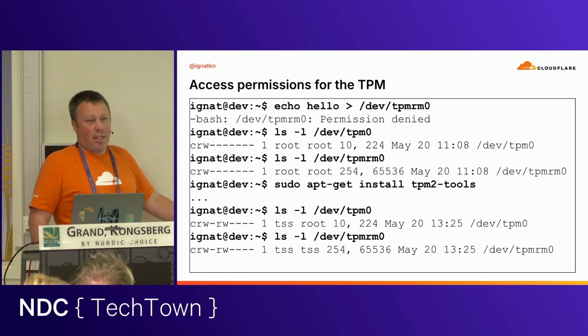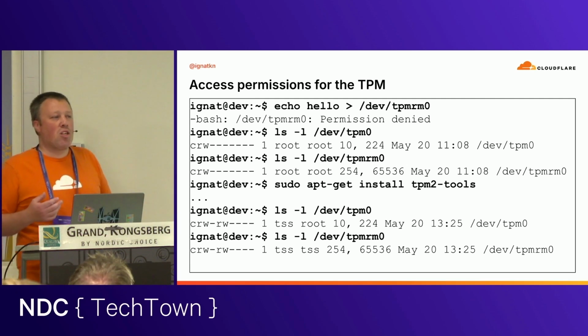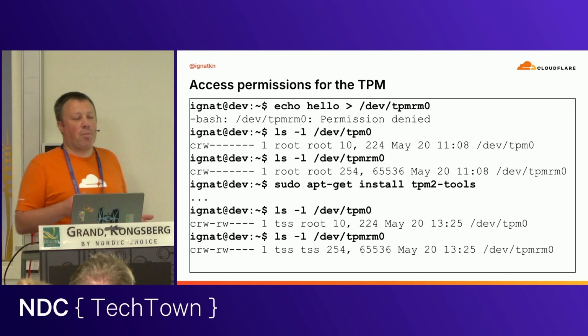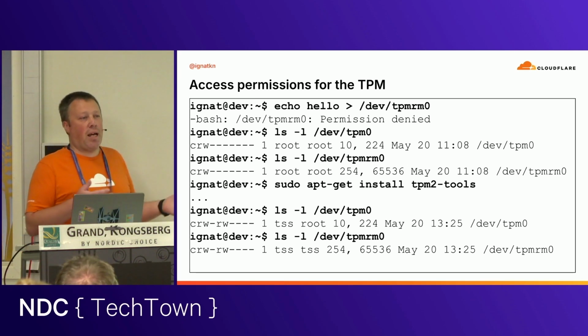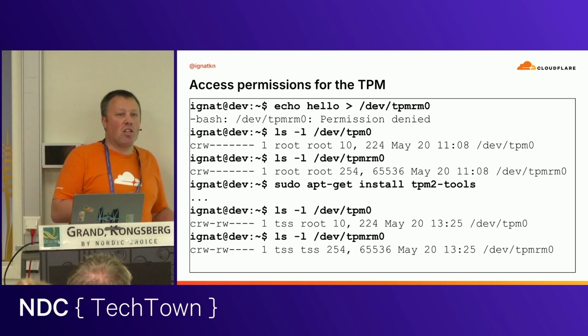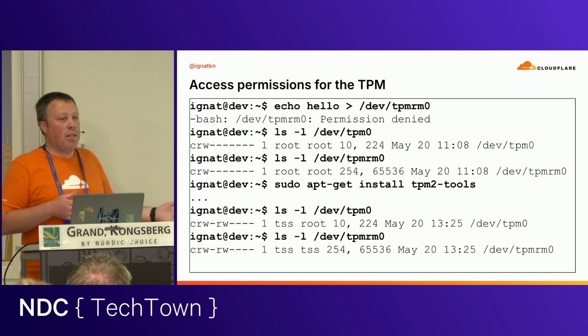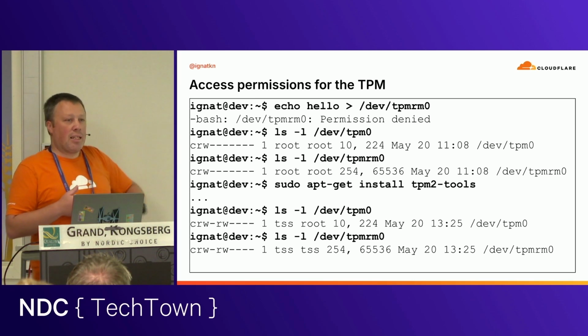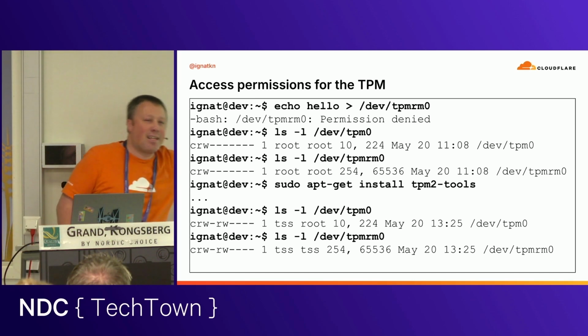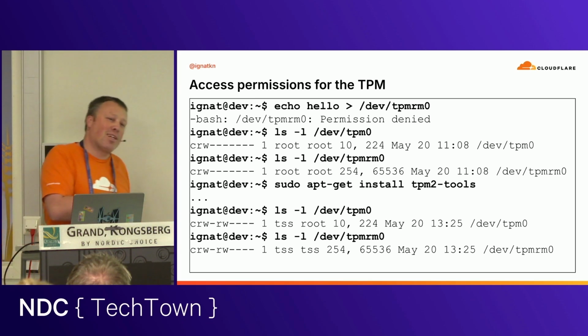So it's better, right? Your application can be in the tss group to access the TPM, but then you have to properly package it for a particular distribution. For example, if your application is in Go and using Go TPM, do you make a dependency on the TPM2 tools, which are in C, just to get the tss user group created so you can join the group?